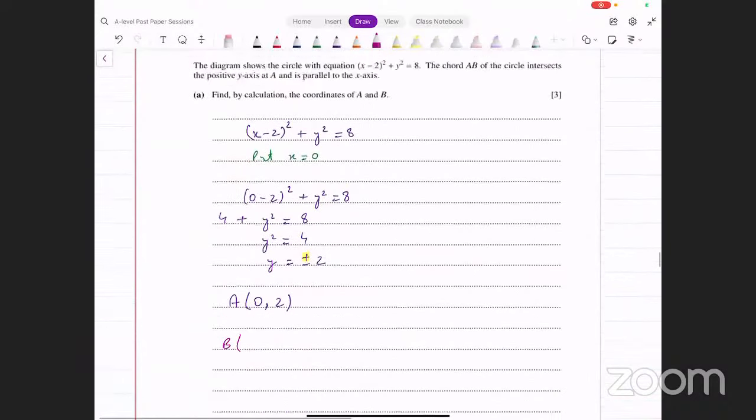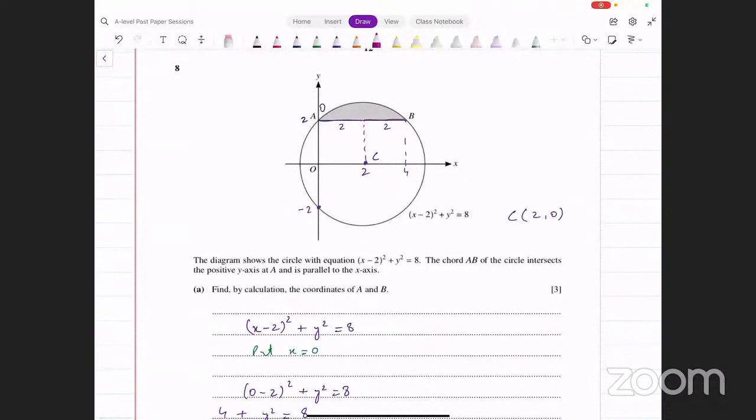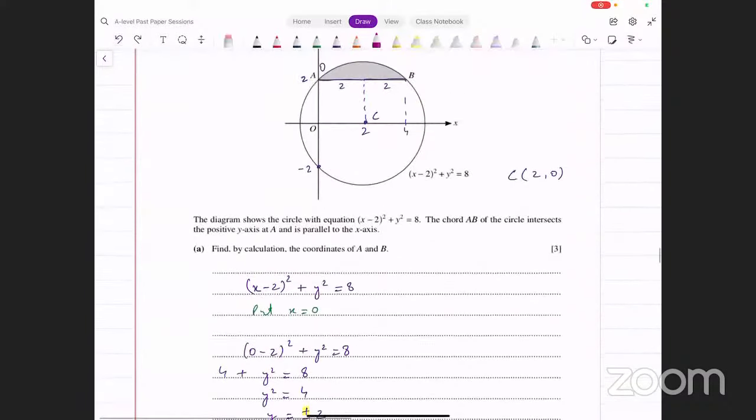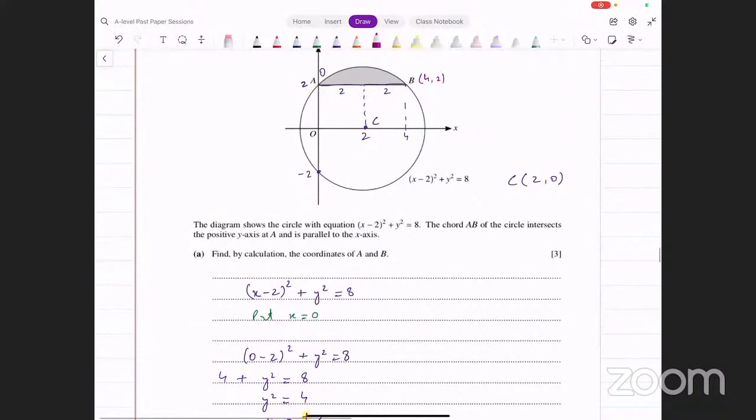Since the center is in the middle, this is 2 units on the left side, क्योंकि AB horizontal है, right side पे 2 units होना चाहिए. So B के coordinates are going to be 4 on the x-axis and 2 on the y-axis. That's going to be 4 and 2.